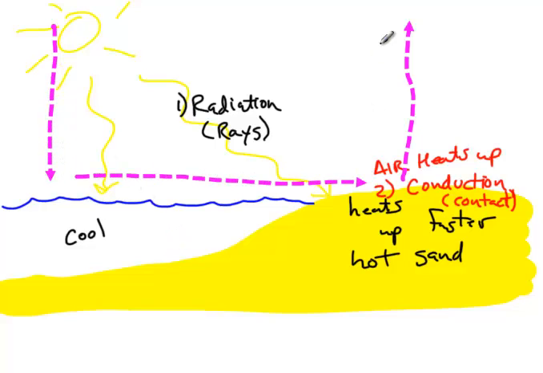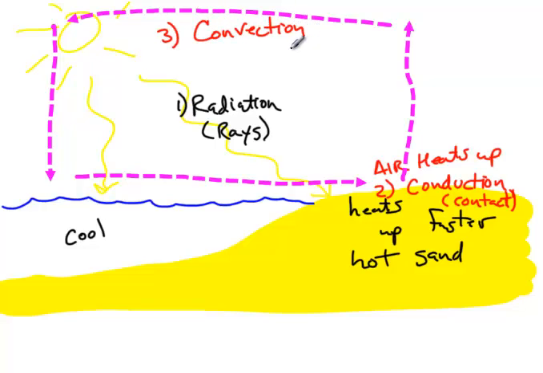Over the water, we start to form a convection current, which is our third type of energy transfer. You'll notice that the air is moving towards the beach. This is a breeze. We actually call this a sea breeze, because it is a breeze which is coming in from over the sea.